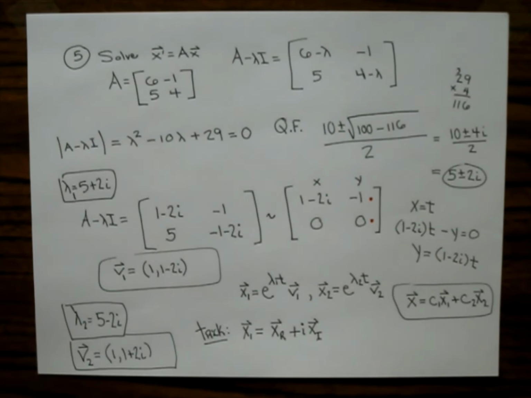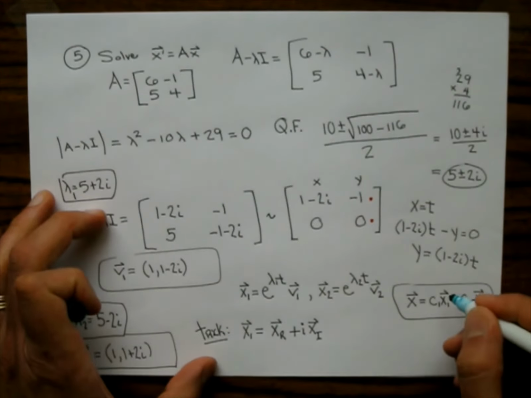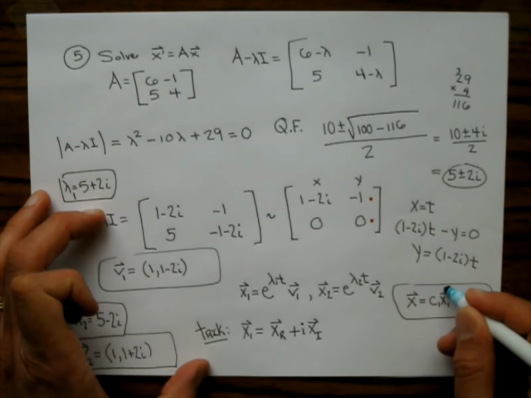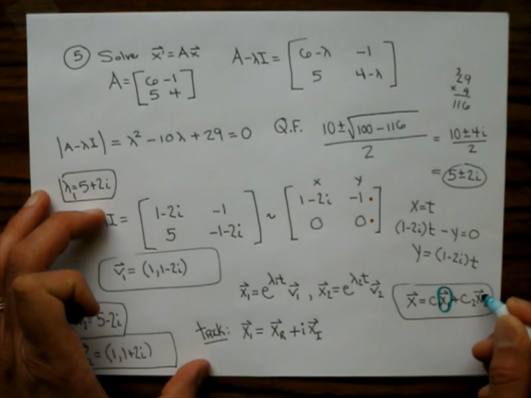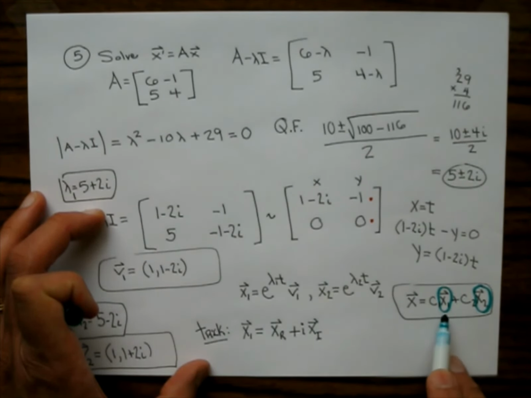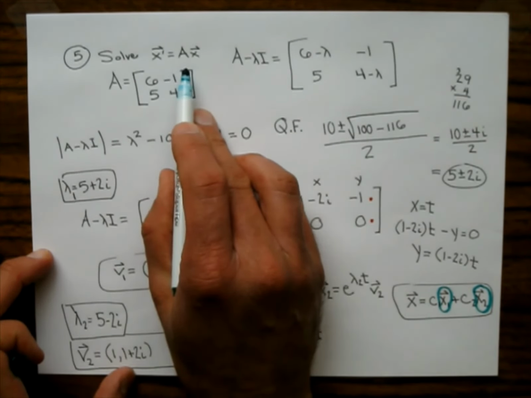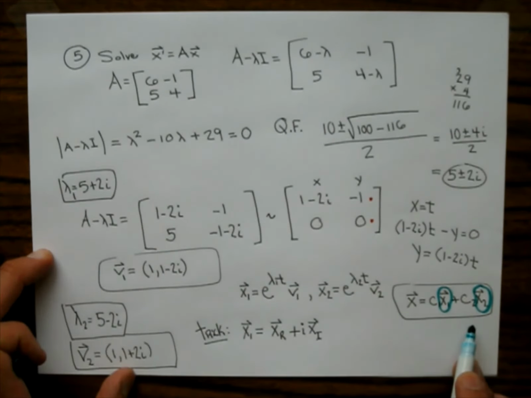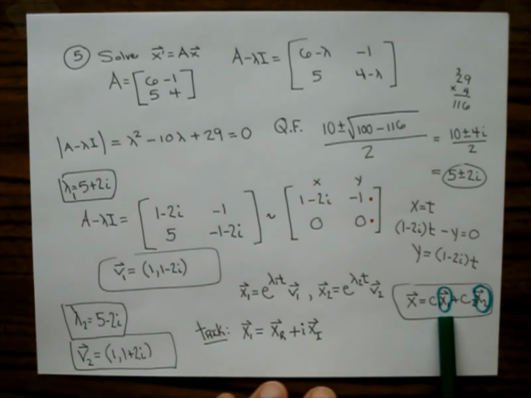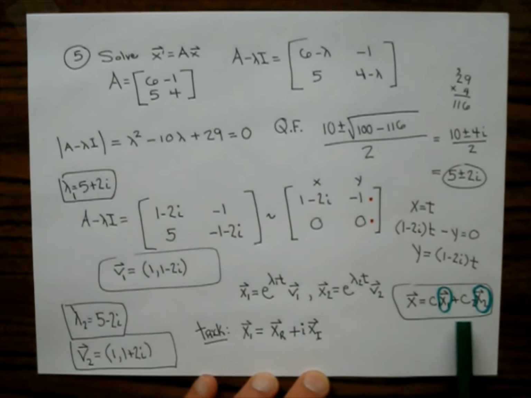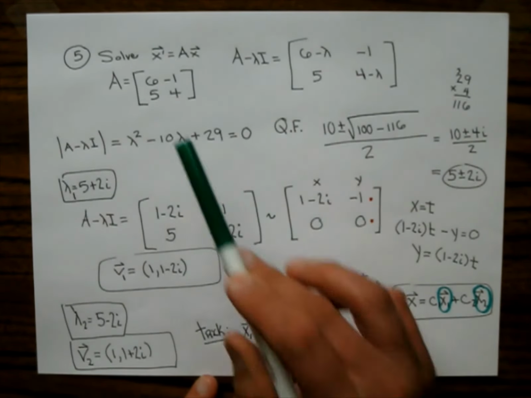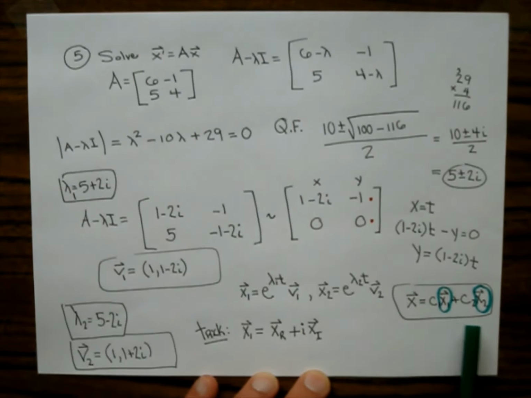This is where the theory of linear algebra really comes in handy. The theory says that any two independent vectors that solve the vector differential equation will work in the general solution. So x1 bar and x2 bar both solve this vector differential equation, and they are independent.